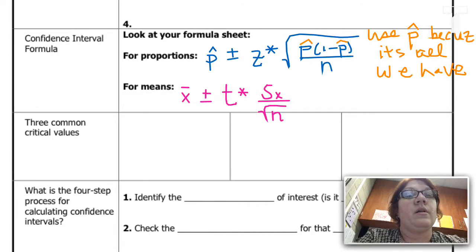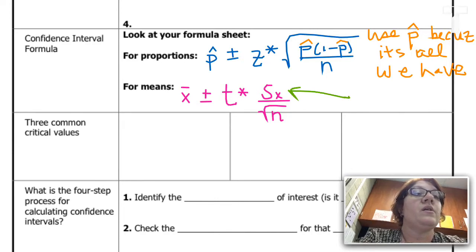So, for the same reason, we're now going to be replacing sigma with the sample standard deviation, because we don't have sigma.